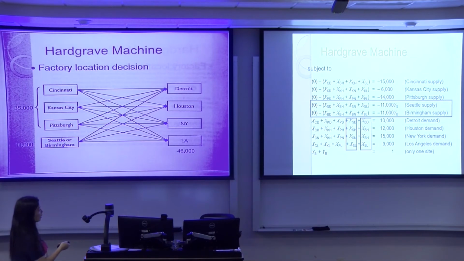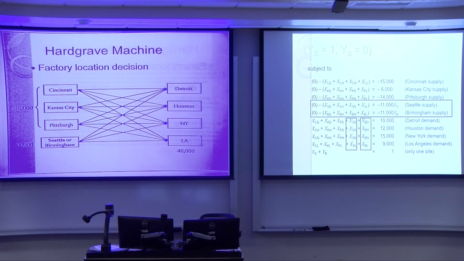The two constraints above will make sure only one of them is positive and the other one is equal to 0. The same goes for Houston, New York, and LA. So all these demands have to be satisfied.